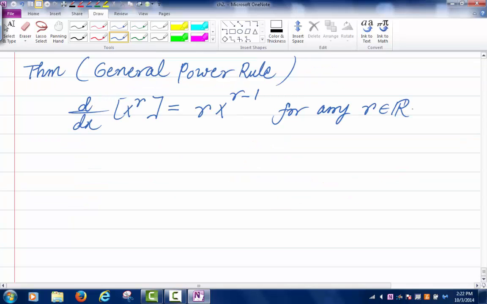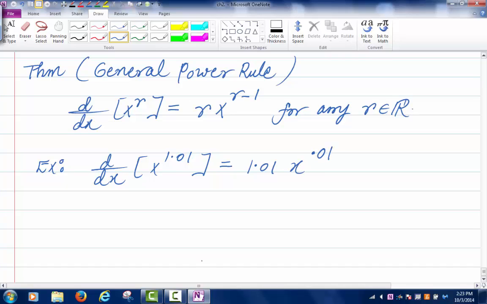So for example, now I can take the derivative with respect to x of x to the 1.01, and then that would be 1.01 times x to the 0.01.